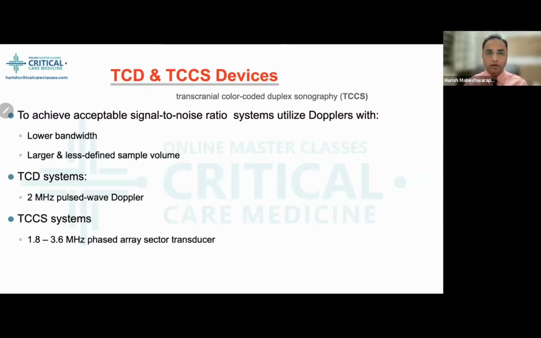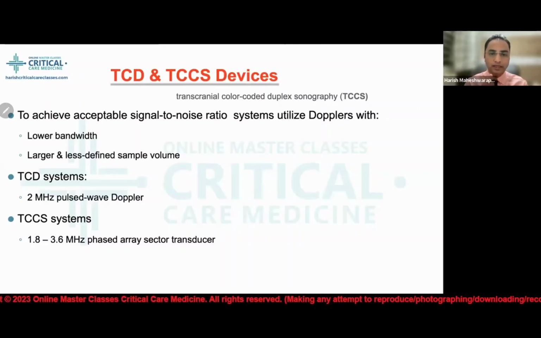Transcranial Doppler and transcranial color coded duplex sonography differ in terms of frequency. To achieve an acceptable signal to noise ratio, the system utilizes Doppler with lower bandwidth and a larger, less defined sample volume. The TCD system has a 2 megahertz pulsed wave Doppler.